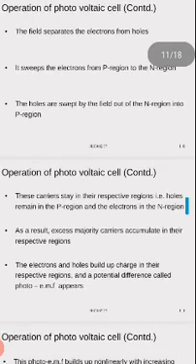The electrons and holes build up charge in their respective regions, and a potential difference called photo EMF appears.